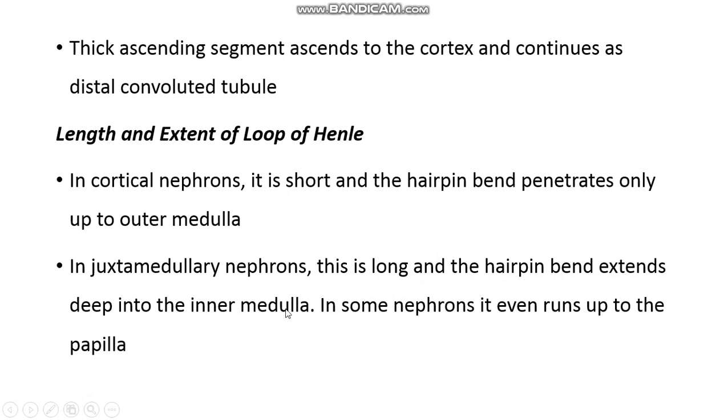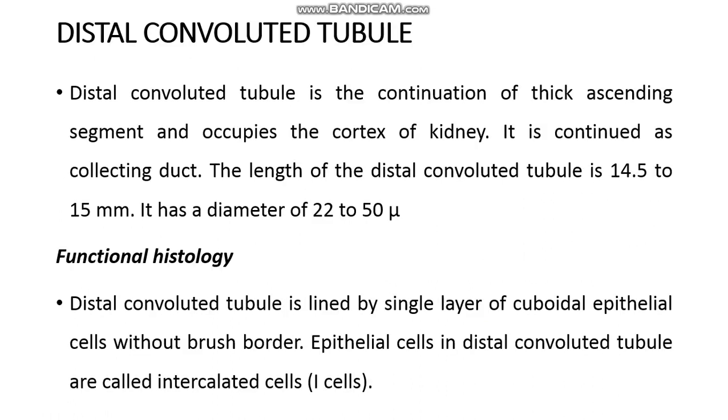It is long and the hairpin bend extends deep into the inner medulla. In some nephrons it even runs up to the papilla, so the length is much greater than that of the juxtamedullary nephrons.